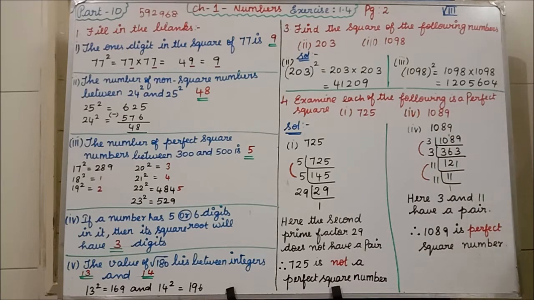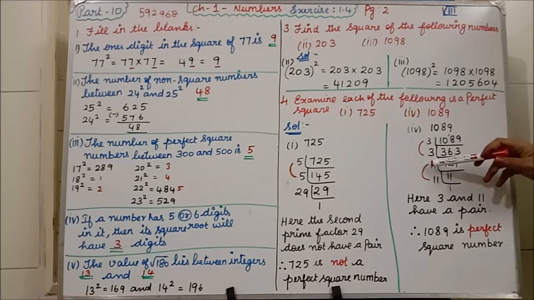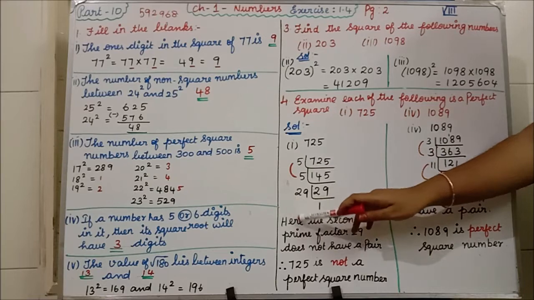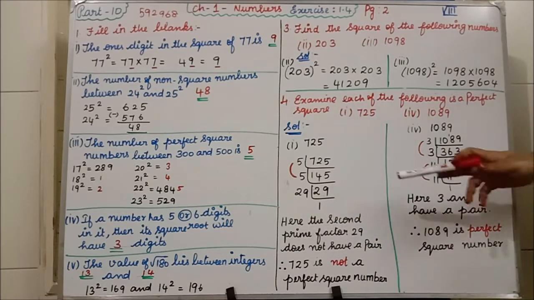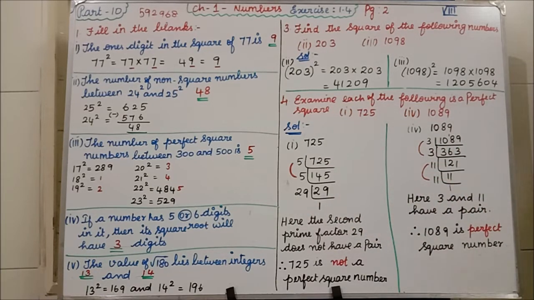Clear, students, all of you? Clear how to identify whether it is a perfect square or not? When you are doing the prime factorization, by that time you have to get pairs. If you are getting the pair, then it is a perfect square number. If you are not getting it, 29 does not have a pair, so it is not a perfect square number. Clear, all of you, the fourth subdivision?